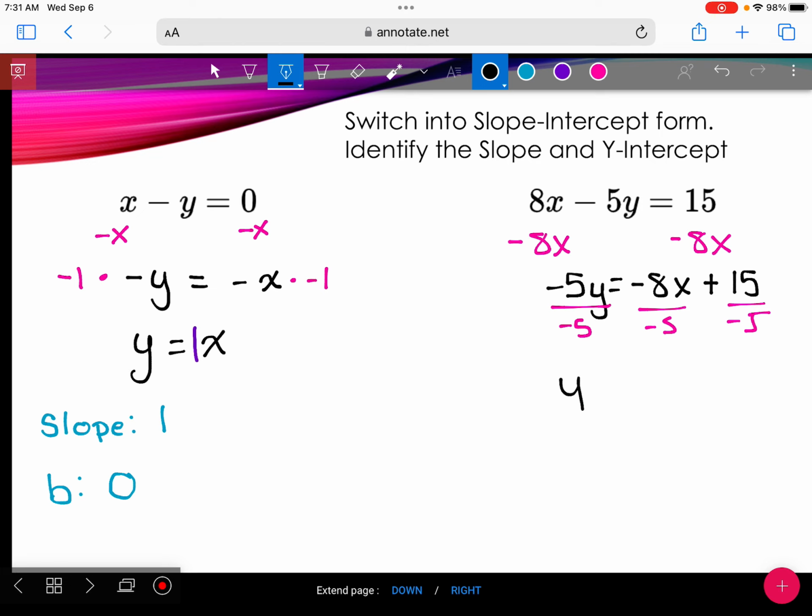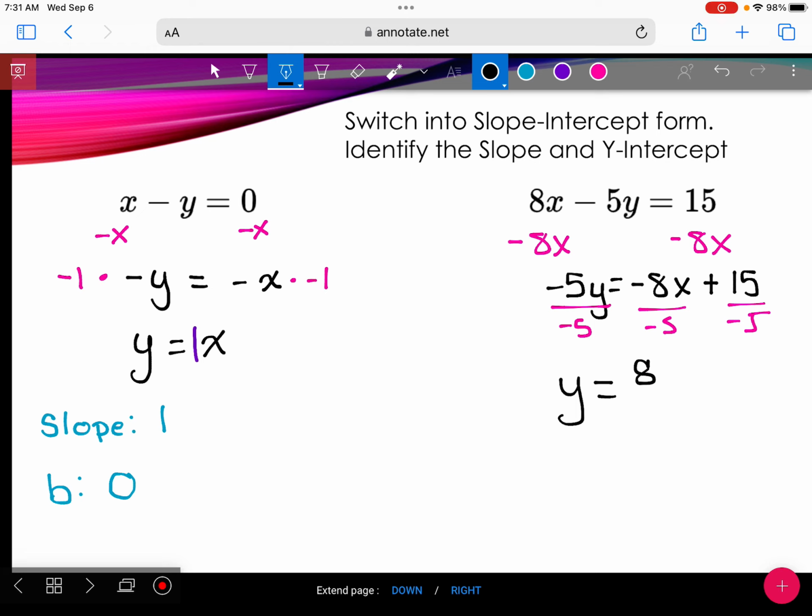So our y is going to equal, what is -8 over -5? Going to simplify down to. What's the only thing that simplifies there? When we have a negative over a negative? It's just going to be positive. Yeah.